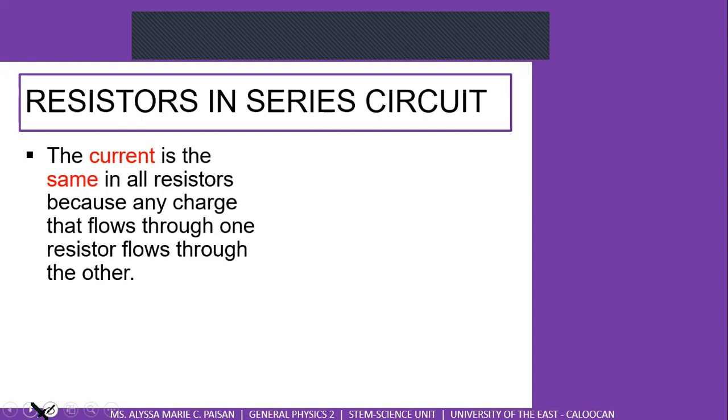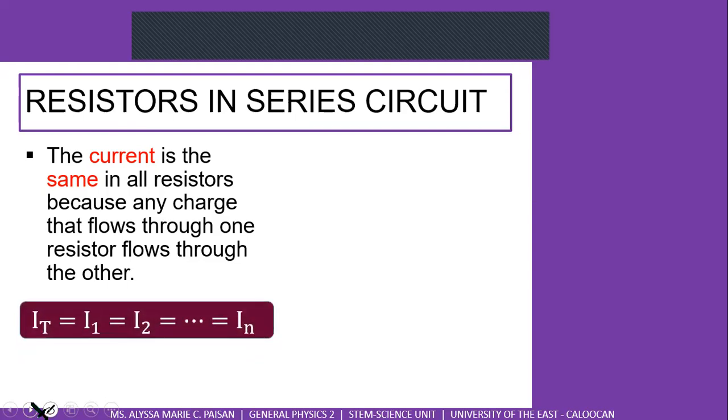Meaning, in series, the current is equal. So the total current of a series circuit, I total, is equal to the current in resistor 1, which is also equal to the current in resistor 2, and so on, up to I sub n, meaning up to the last resistor connected in series in our circuit. So if you have four, this expression would look like I total equals I1 equals I2 equals I3 equals I4 and so on.